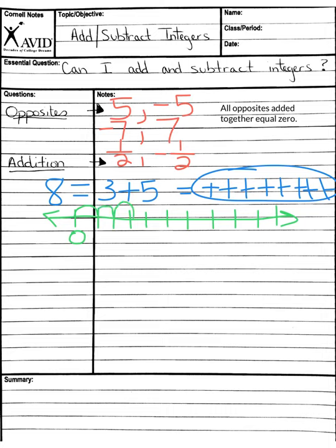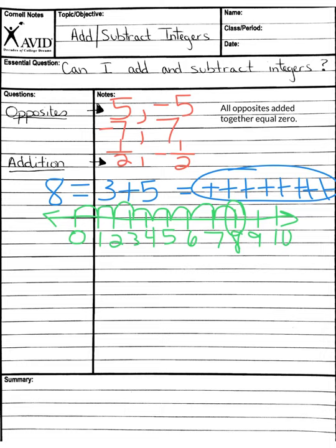But we're going to add 5 more positives. 1, 2, 3, 4, 5. So we can also always use a number line to help us with addition. I personally like the plus and minus signs, but we can use a number line as well.